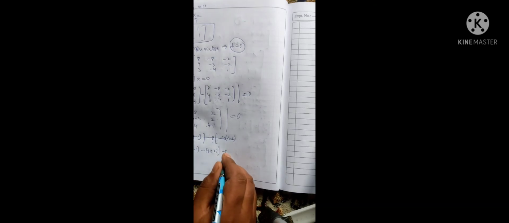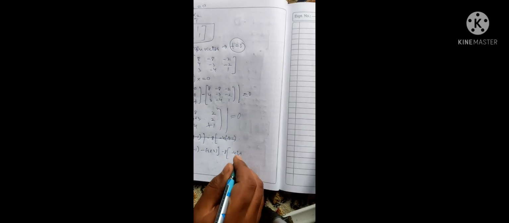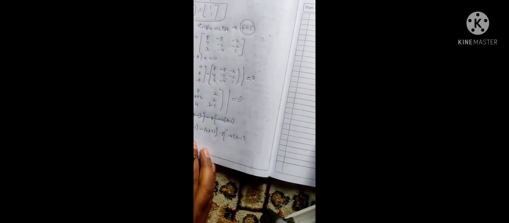Now the second term, minus 8 into minus 4 into lambda minus 1, into, you will hide this column and first row. So what we are left with: minus 4 into lambda minus 1 minus 3 into 2.